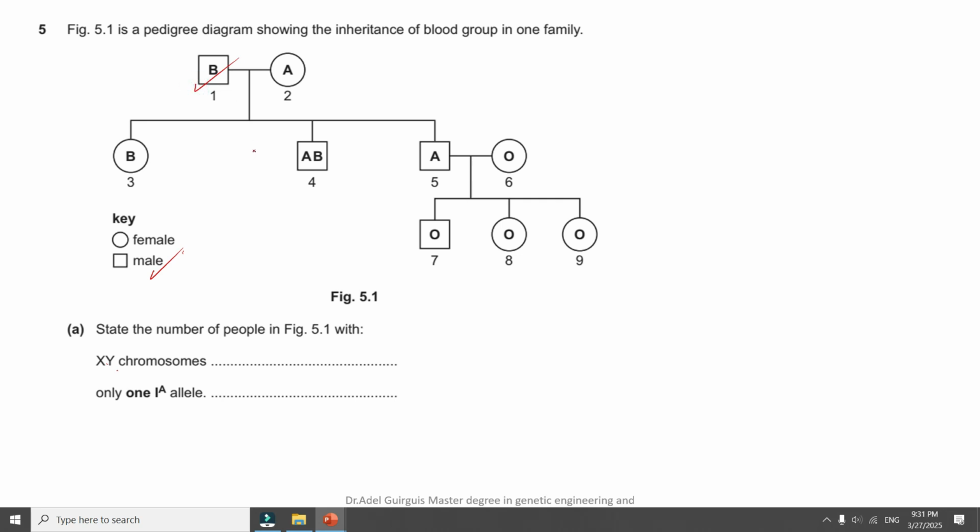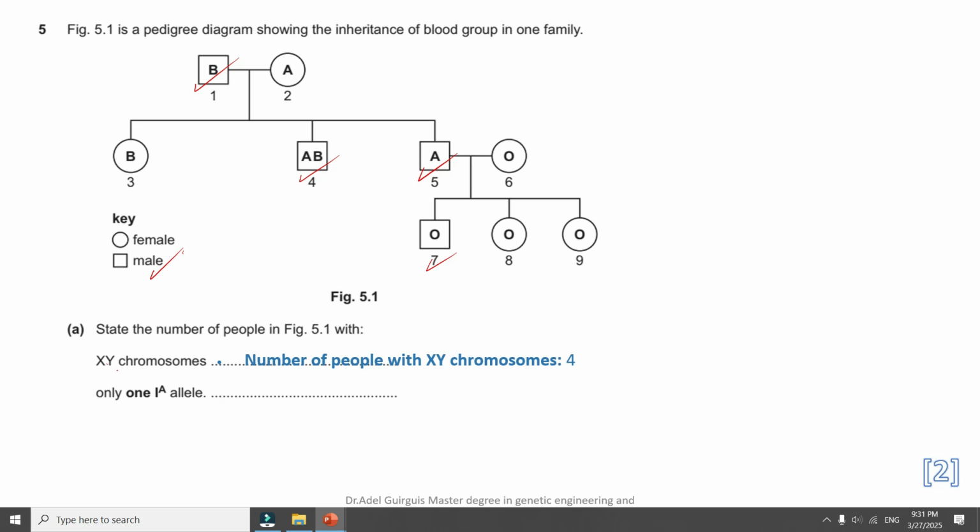Number 1, okay, son number 4, son number 5, this individual number 7. How many individuals are squares with male features? 4. So the number of people with XY chromosomes equals 4.